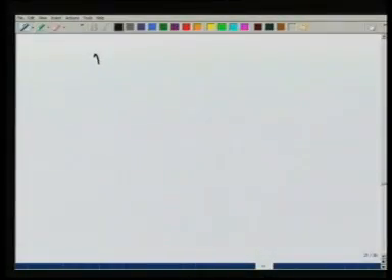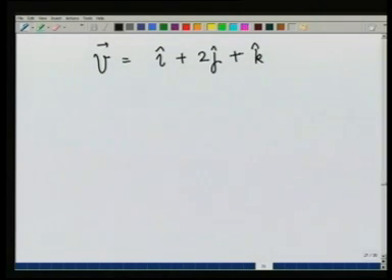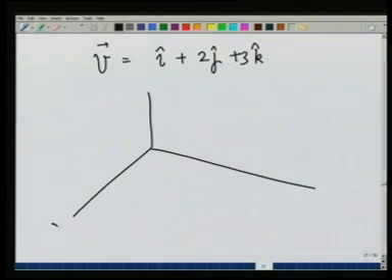So, let us see, suppose I write a vector v is equal to i plus 2j plus, let us say, 3k. How would it look? x, y, z. So, I would make the unit vector i in this direction, plus 2j would be a vector of magnitude 2 in this direction.